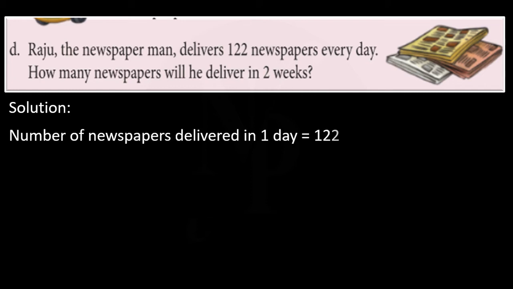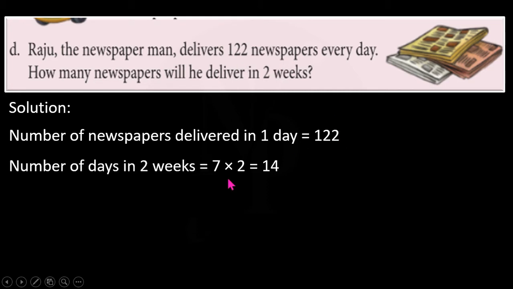Solution. Number of newspapers delivered in 1 day is equal to 122. It is given here. Number of days in 2 weeks is equal to 7 into 2, which is equal to 14. There are 7 days in a week. Therefore, in 2 weeks, there will be 14 days.